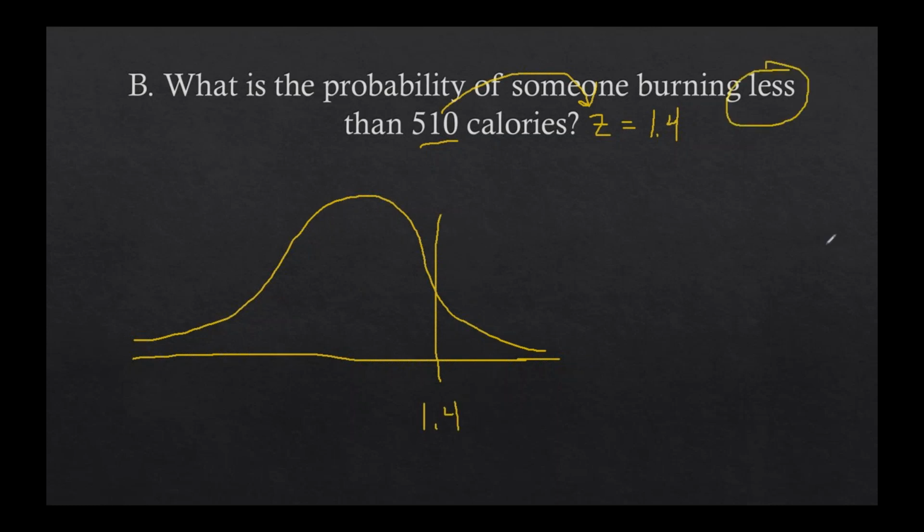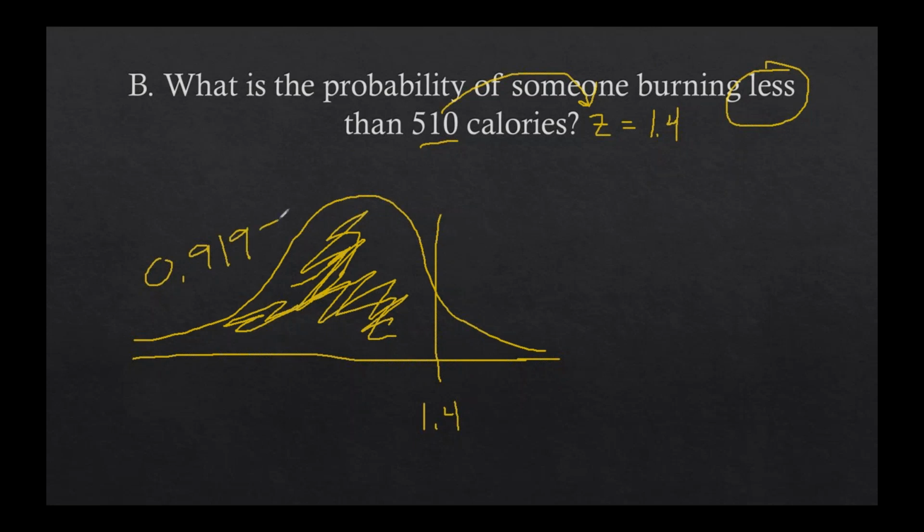If I'm burning less, do I want to find the area to the left or the right of my z-score? To the left, exactly, because less is over here. So we've actually already found 1.4 because we did that in our last example. If we want area to the left, we pick that straight up off of our table. And as we found on the last example, we're at 0.9192.